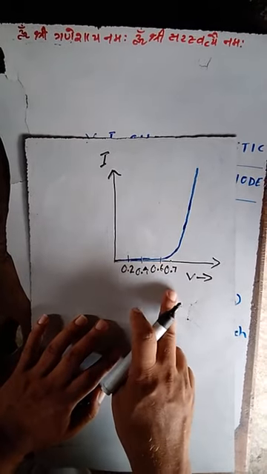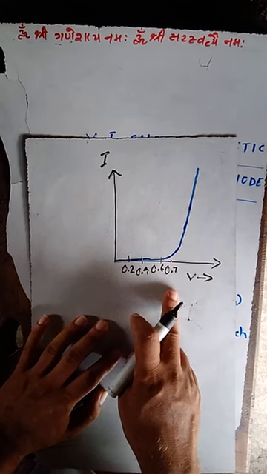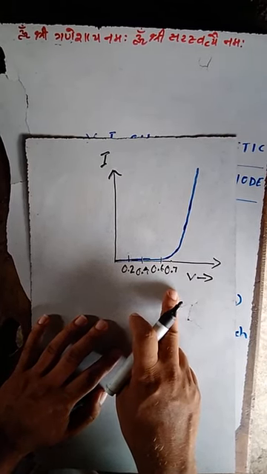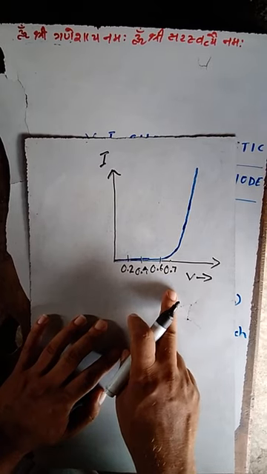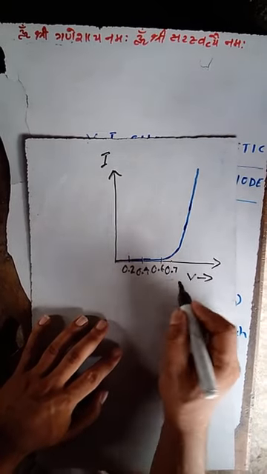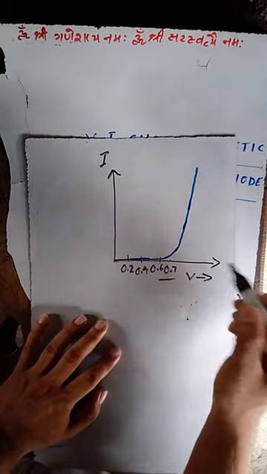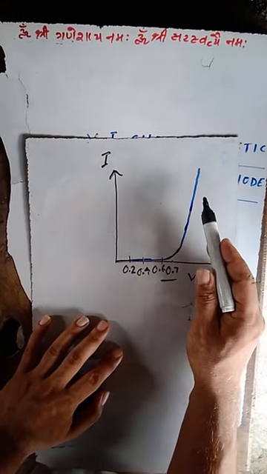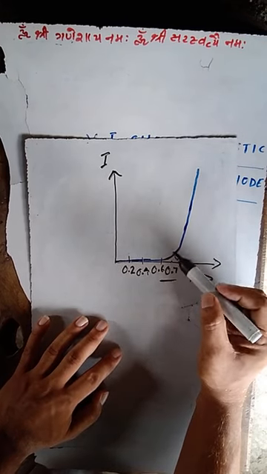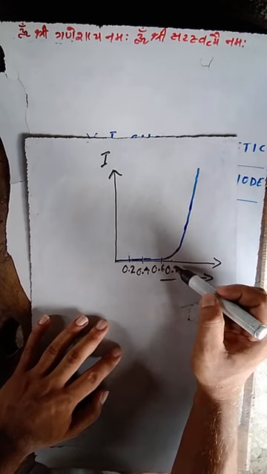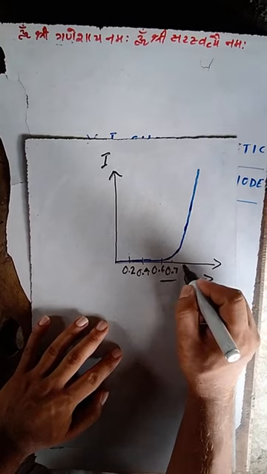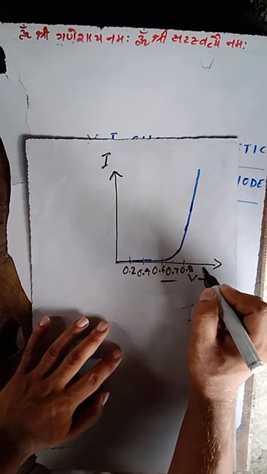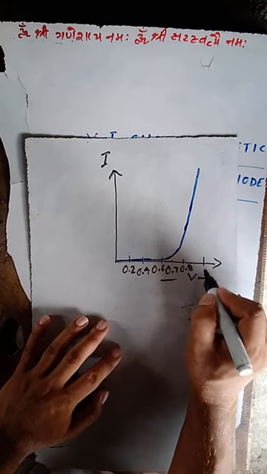This VI characteristic is for a silicon diode, and for a silicon diode the threshold voltage is 0.7 volt. That's why we see an exponential rise in the graph at 0.7 volt. Here you will get 0.8 and here 1.